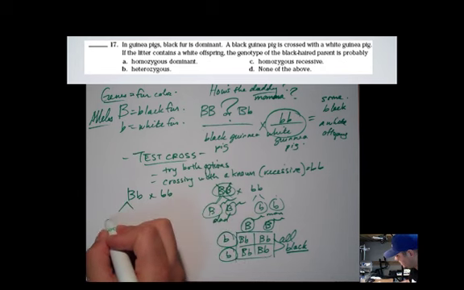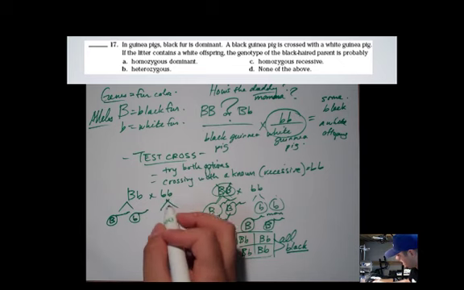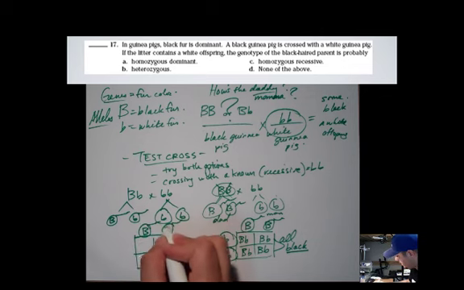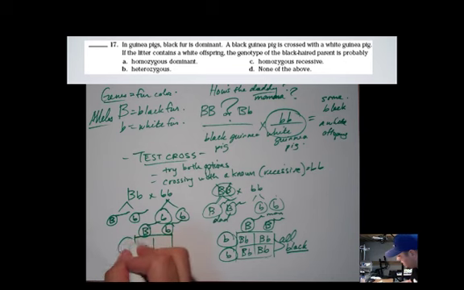Do the same thing. Get the sperm, big B, little b. Get the egg combinations, little b. Go ahead, put your fertilization box. Put the sperm over here. Big B, little b. Put the eggs over here, little b. And you probably guessed it. These are black, but check this out.